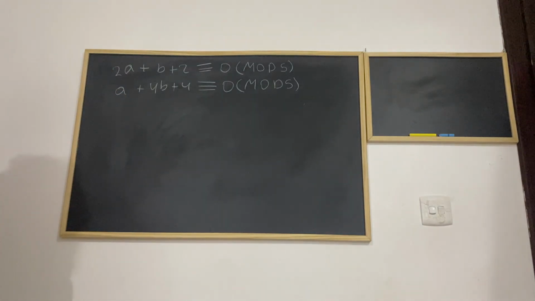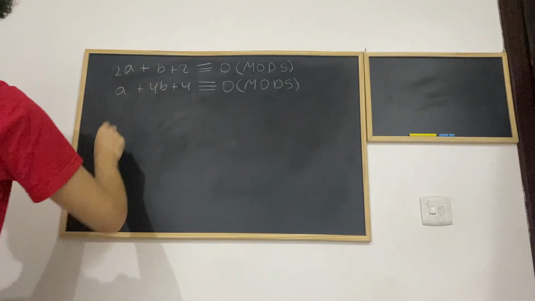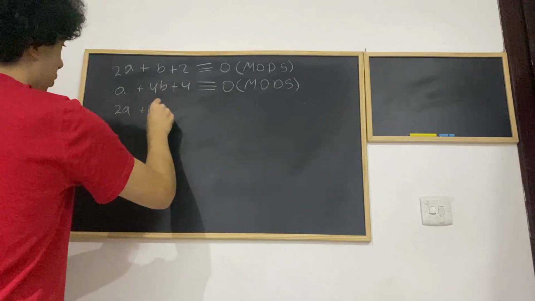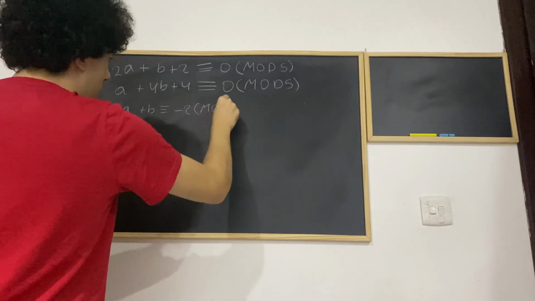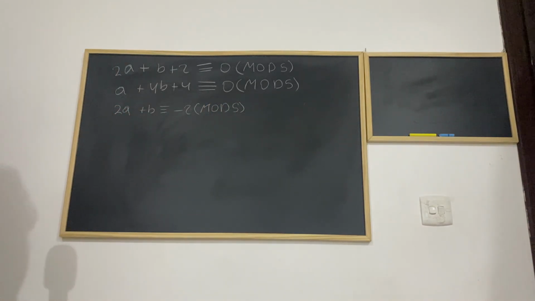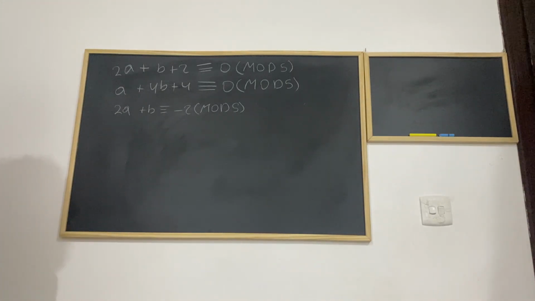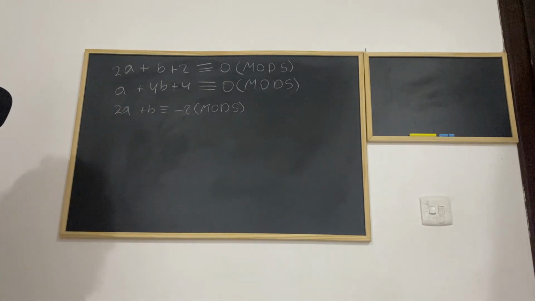Let's deal with the first equation first, right? What we want to do here is isolate this b. So 2a plus b is congruent to negative 2 mod 5. Now, a little trick with congruent modular equations: we really don't like having negative numbers in our modular equations.